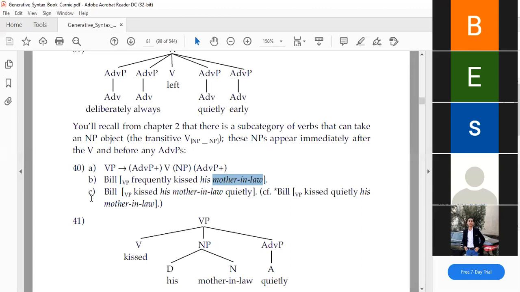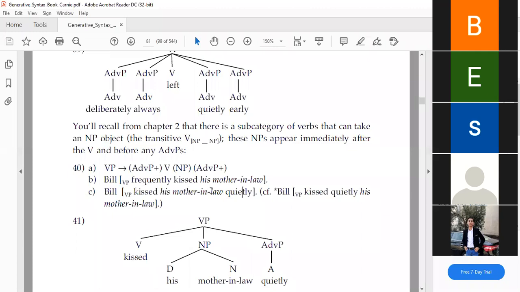Now consider 40C: Bill kissed his mother-in-law quietly. For now we treat mother-in-law as one noun, because this is not advanced syntax; we are discussing the basics.